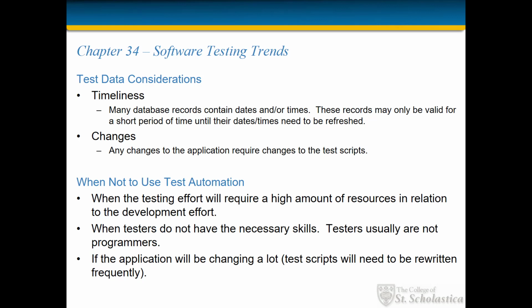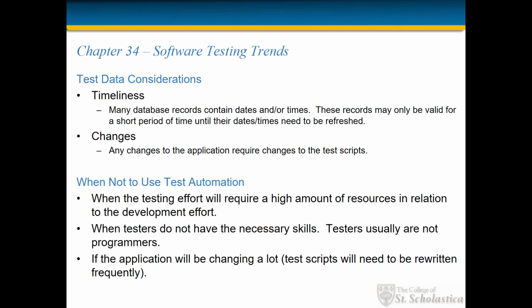Sometimes that can be okay, but sometimes it cannot be okay when that data gets stale and old and you're trying to test your system. For instance, if you're trying to test users within a certain age, and you store their birth date and they get older as the years go on.